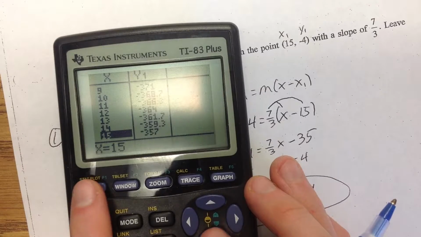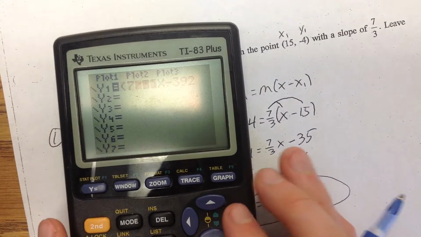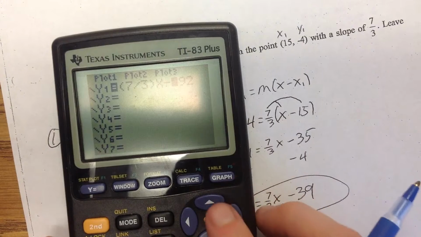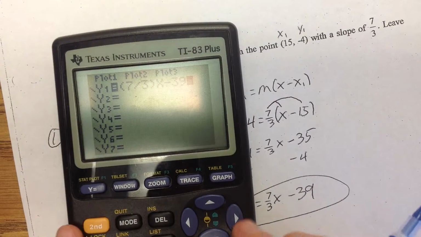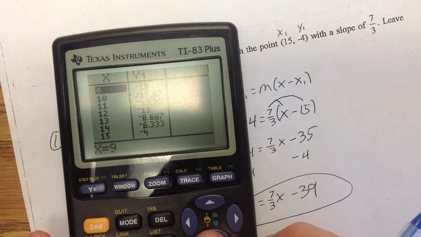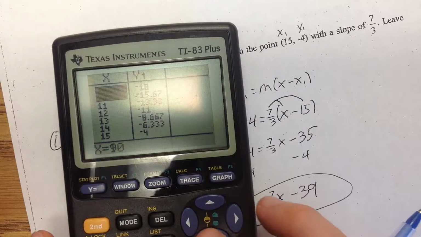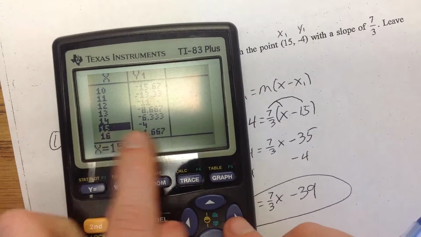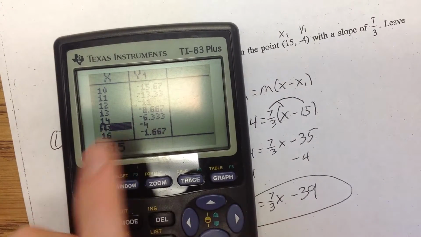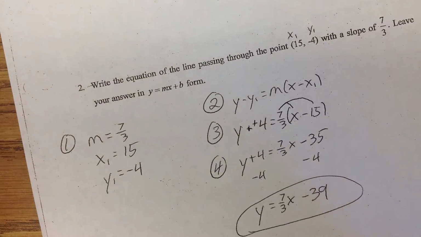Negative 357. I must have typed something in wrong there. Yep, I typed in minus 392 instead of minus 39. So let's go and fix that. Minus 39, second graph. Now when I look at 15, yep, 15, negative 4. So that checks out, and we know that we got this one right.